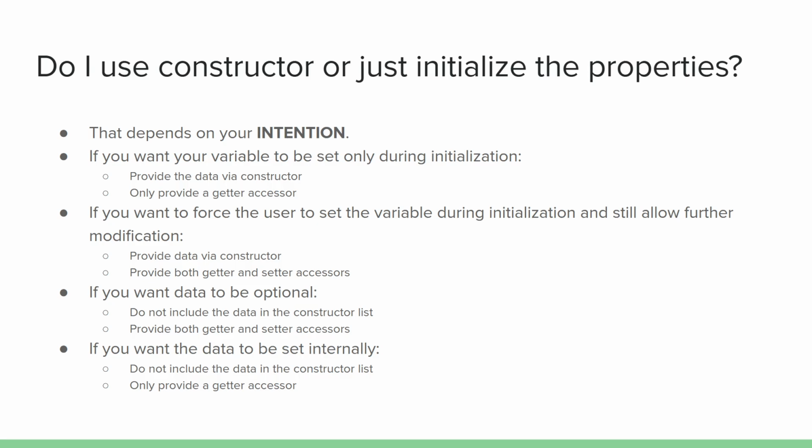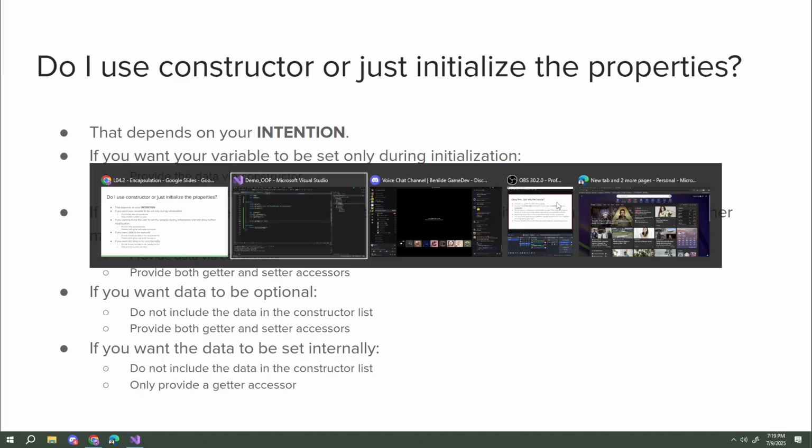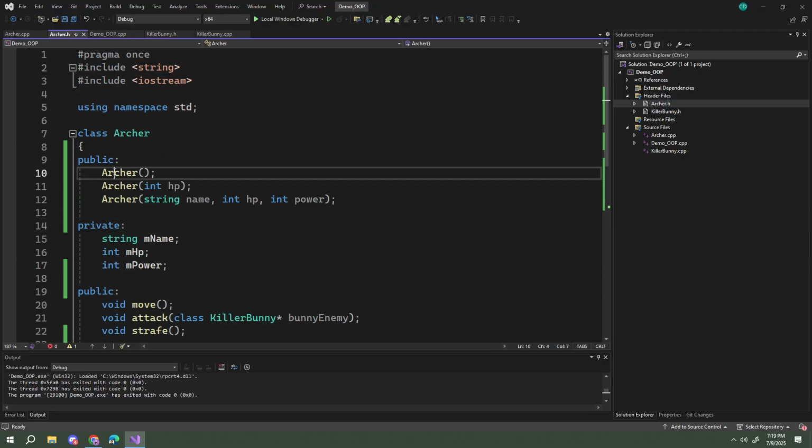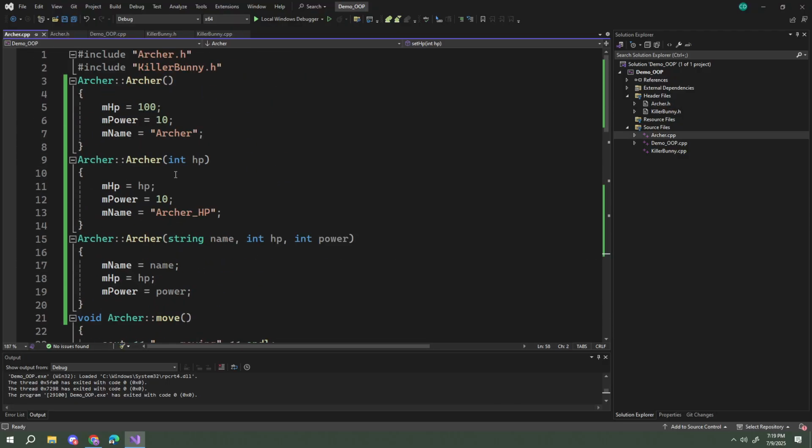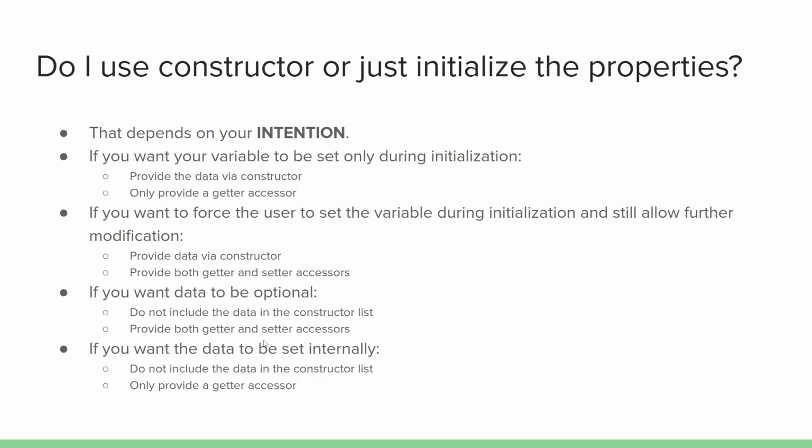Finally, if you want the data to be set internally, do not include the data in the constructor list, meaning we can just use this one. In case you don't want to use any data at all, then we just use this. Kahit wala nang laman sa parameters. And again, only provide the getter accessor. So it really depends. It really depends on what you want.